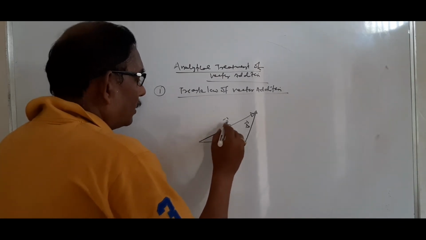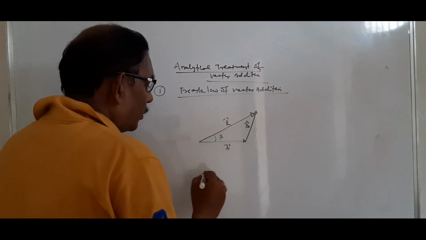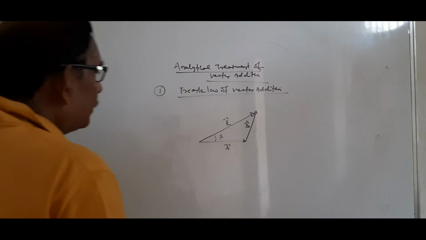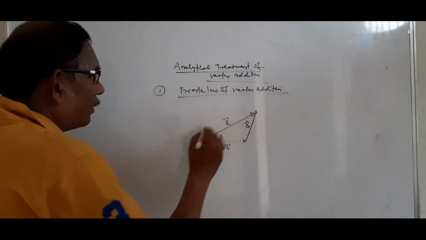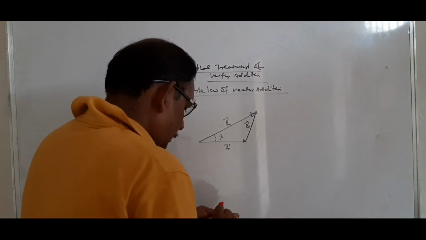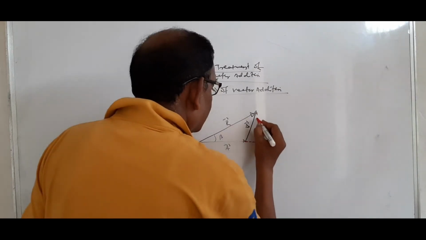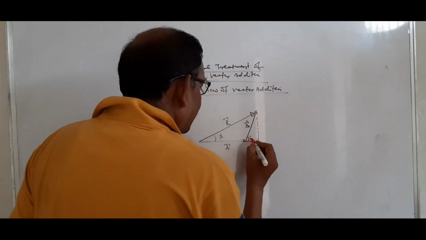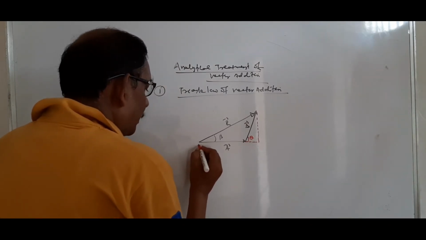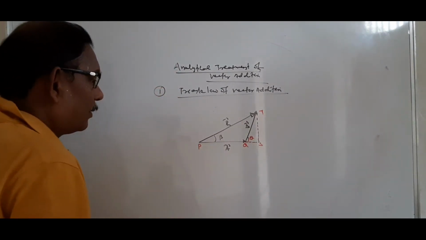Suppose the vector R makes angle beta with the vector A. In order to determine the resultant of the two vectors by using the triangle vector addition, you have to extend this side. Then this is theta. Now represent the names P, Q, and here.